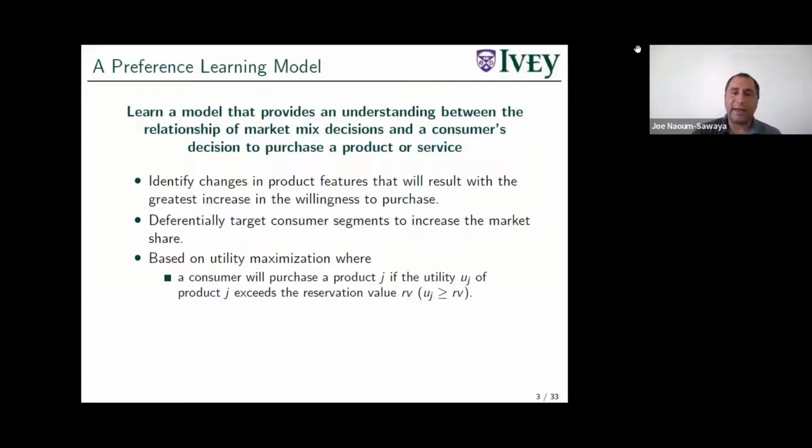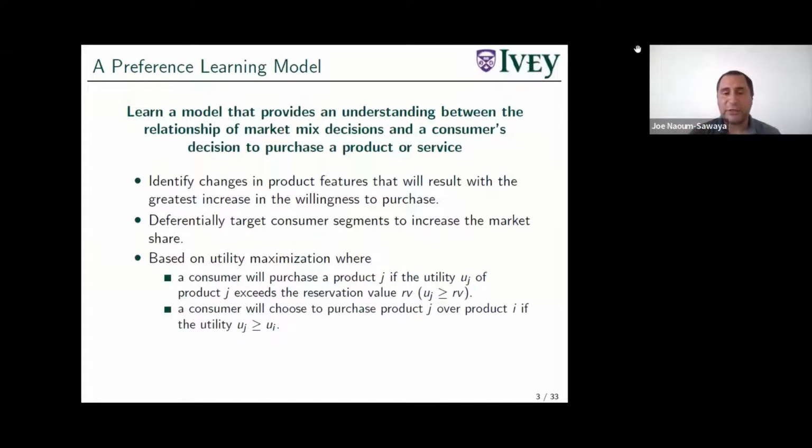By this, we mean a consumer will purchase a certain product only if the utility of that product exceeds the reservation value. So I'm looking at a product, and I will only purchase it if the utility of that product meets a certain minimum threshold. I'm not going to purchase the product otherwise.